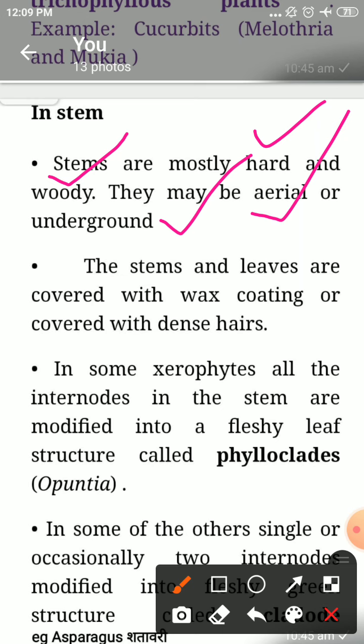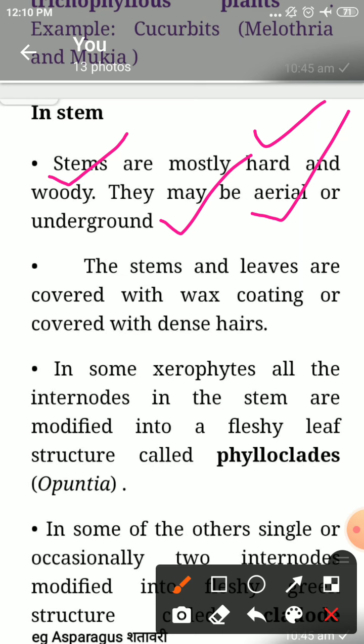The stems and leaves are covered with wax. Just as we get the wax on the calotropis leaves, the rui stem and leaves show deposition of wax on it. And this wax helps in avoiding the desiccation, the drying of the leaves in the calotropis, rui plant.